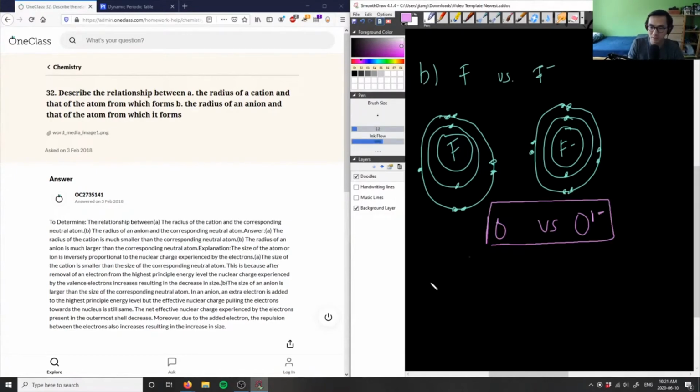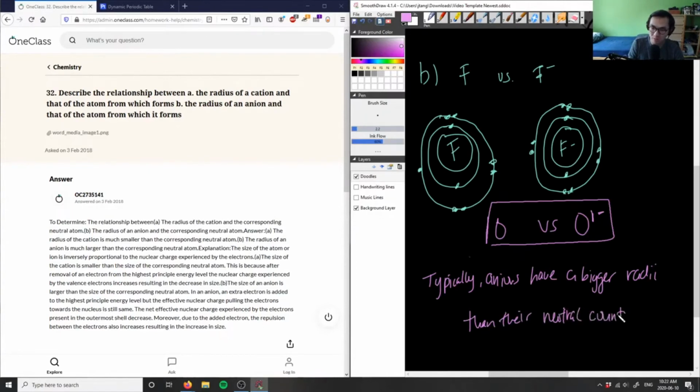So let's say typically, anions have bigger radii than their neutral counterparts. That's going to be the answer for this problem.